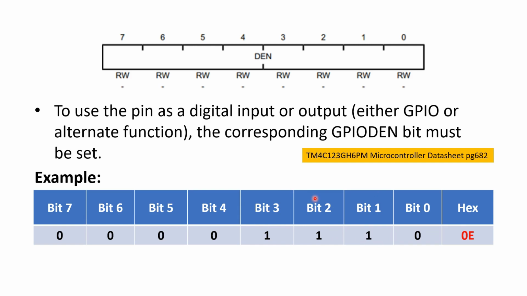What that means is that these bits are enabled and you can use them as digital input or digital output function. So in this particular setup, this will be 0 in hexa, and this would be E in hexa. So the hex value is 0E.